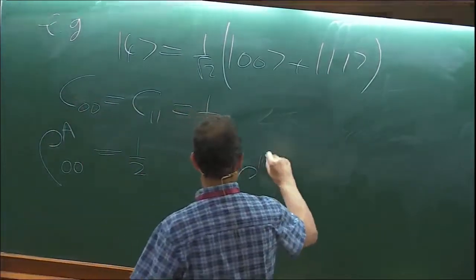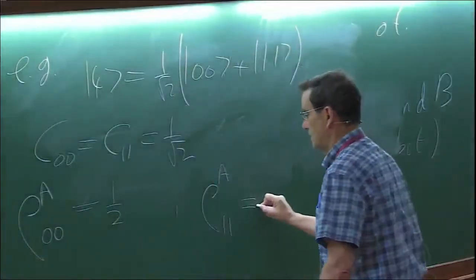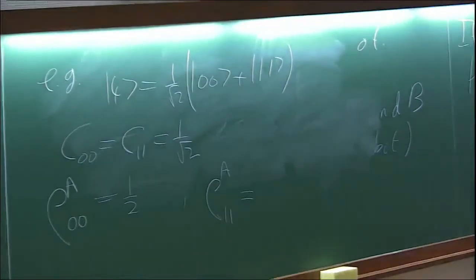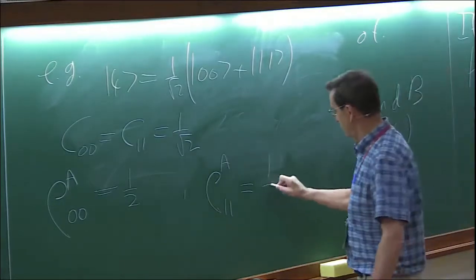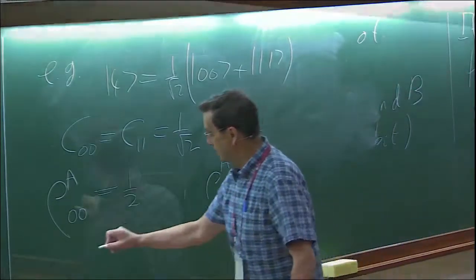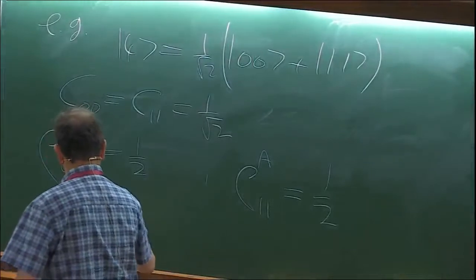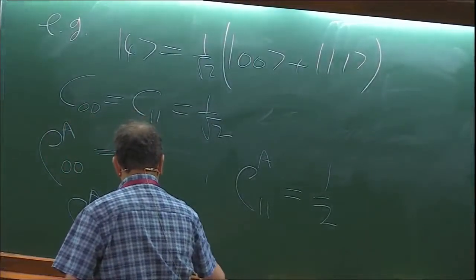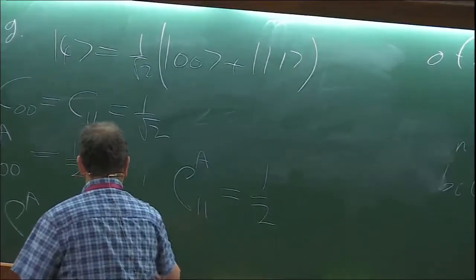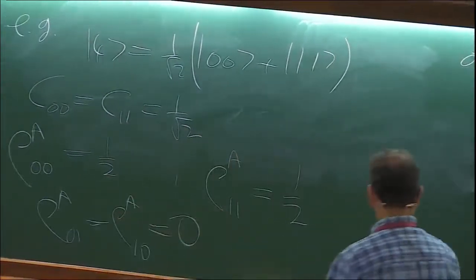If you do the same thing for the 1, 1 element, x equals x prime equals 1, only the term where y equals 1 contributes, and that gives you the same thing. And you can trivially check that the off-diagonal elements get no contribution, so you get 0.